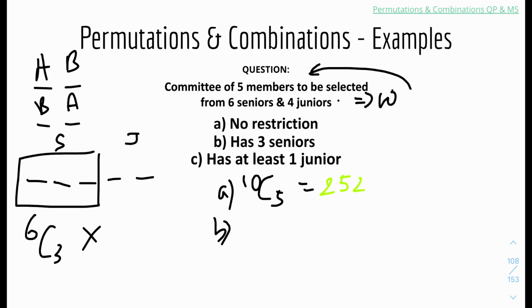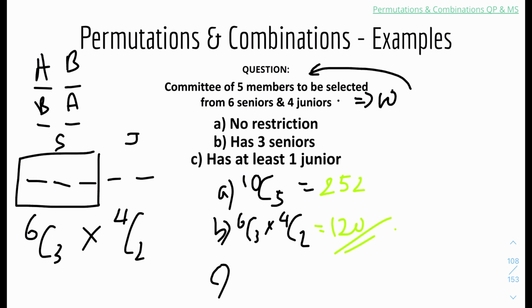There are 4 juniors, and they can be fitted into 2 different slots, so 4C2. So the answer will be 6C3 times 4C2. And if you put 6C3 times 4C2 into a calculator, you get 120.